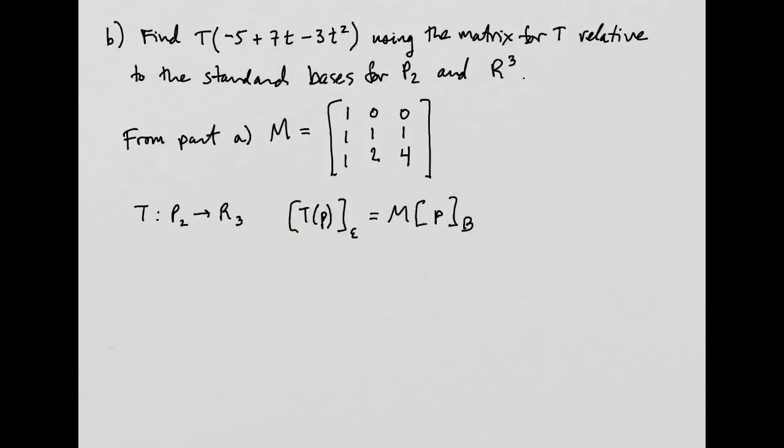So what we do, among other things, with this matrix M is we can get the coordinate vector for T of p relative to the standard basis for R3 from the coordinate vector for p relative to the standard basis for P2 just by multiplying by this matrix.